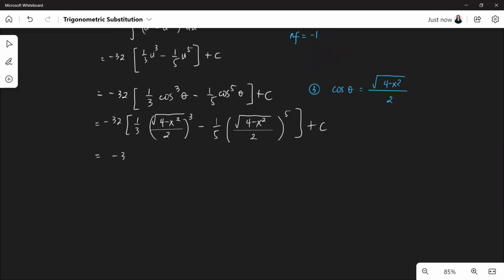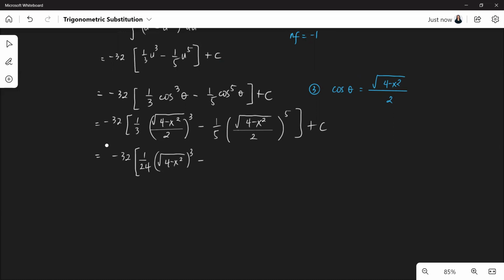Here, that's negative 32 times, okay, 2 cubed is 8. So it's 1 over 8 times 1/3. So that's 1 over 24. And then we have 4 minus x squared raised to the power of 3 minus 1 over 2 raised to the power of 5, that's 32. 2 times 2 times 2 is 8, times 2 is 16, times 2 is 32.